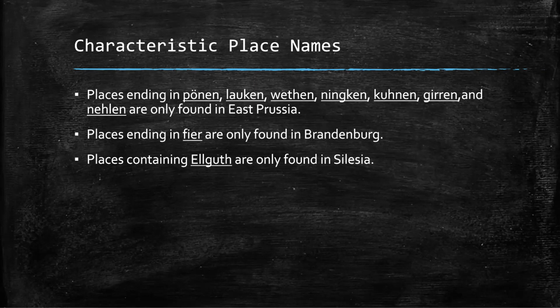Places ending in -fier are found in Brandenburg and no place else. Or -elguth, those are in Silesia. So you're going to find these portions of town names only in specific states. When you're looking up a location, you don't want to be looking in the wrong state because you're not going to find those towns and those locations.